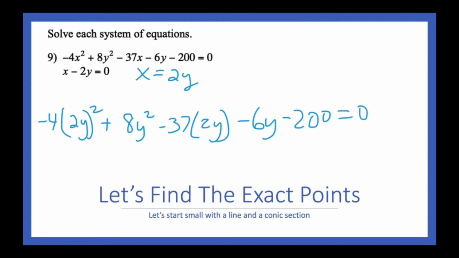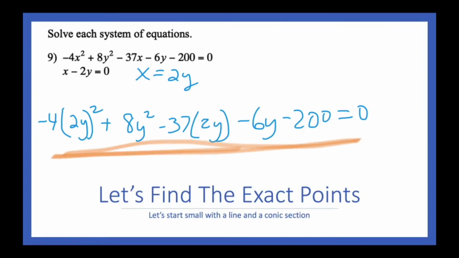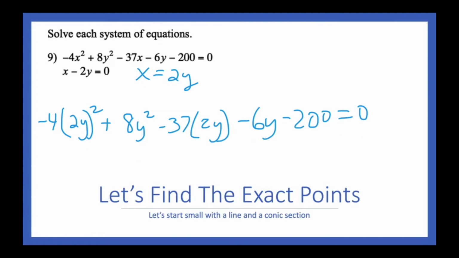I want you to notice down here that we're going to start small with a line and a conic section, so I don't want to start out too complicated. I want you to notice right here that we only have one variable. That's really important. We need to get rid of one of the variables, and we did. So let's simplify this.